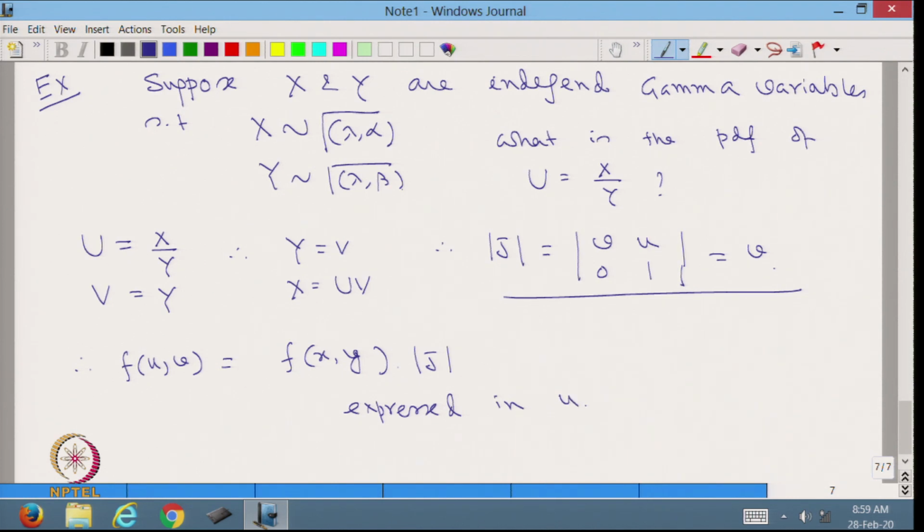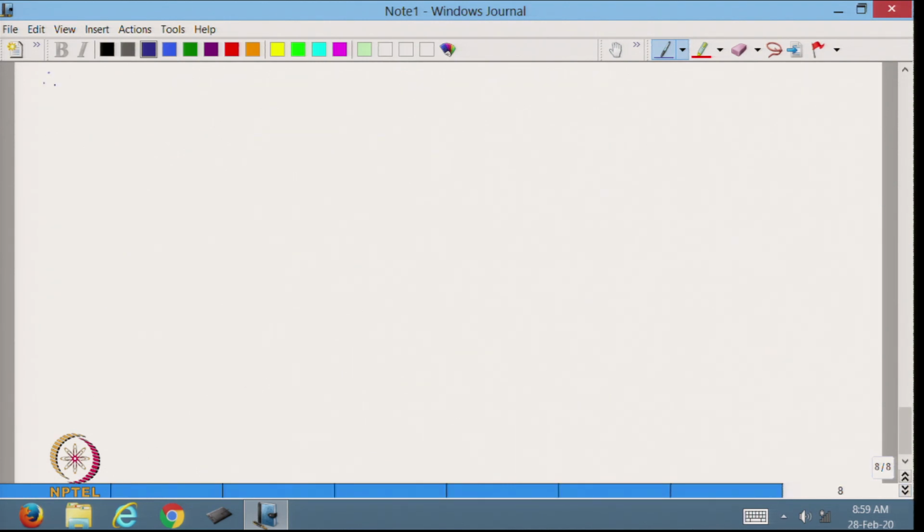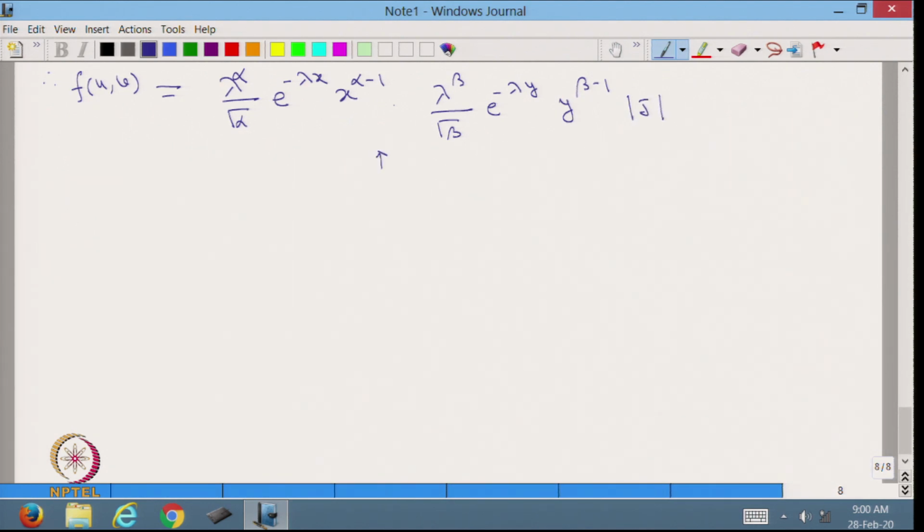expressed in u v. Therefore, the joint PDF f u v is equal to lambda power alpha upon gamma alpha e to the power minus lambda x, x to the power alpha minus 1, multiplied by lambda power beta upon gamma beta e to the power minus lambda y, y to the power beta minus 1, into the Jacobian expressed in u v.